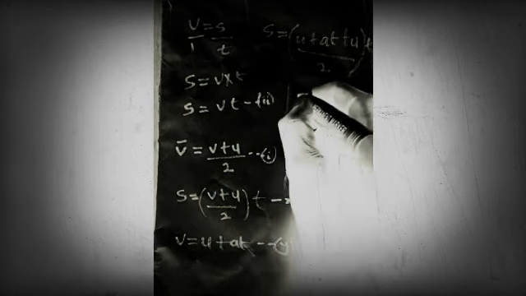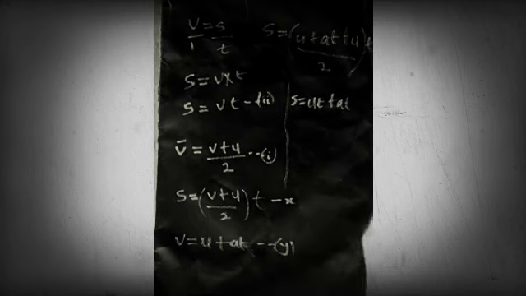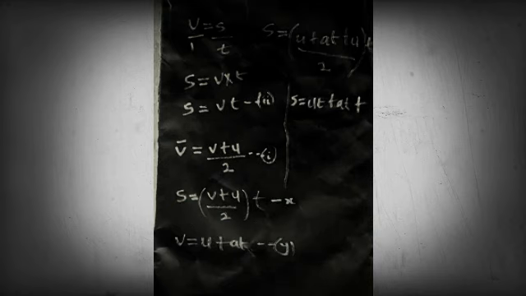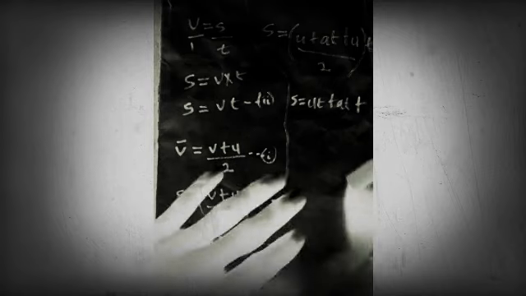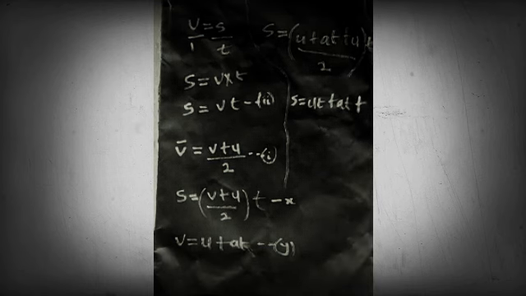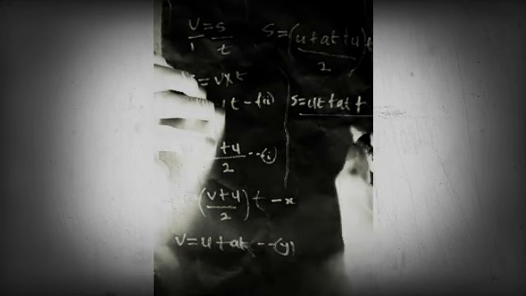If you open your bracket, you now see that S is equal to U times T will give you UT, plus AT, plus U times T will also give you UT, everything all over 2.